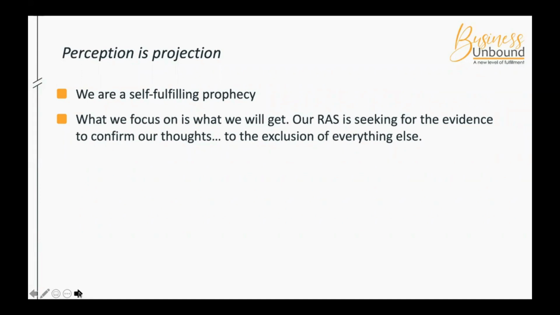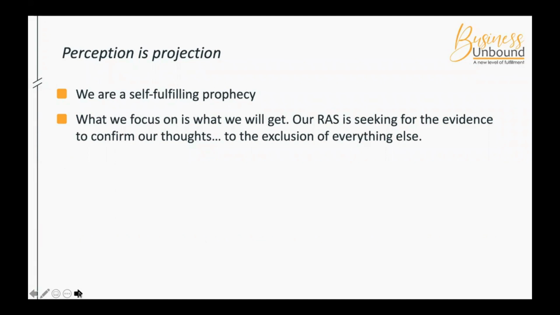Now, in one of the previous lessons, I spoke about our reticular activation system, so this comes back into play again. Our reticular activation system is seeking evidence to confirm our thoughts to the exclusion of everything else. Because remember, there's 2 million bits of information coming in per second, but we can only absorb 256 bits per second.